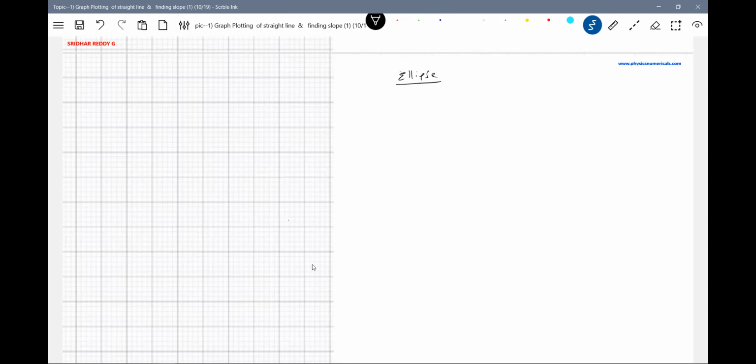Elliptical functions. So like you might have seen in the book, x square by a square plus y square by b square equal to 1. So what is the equation for this particular corresponding ellipse here? How to write this? So let me choose this as a graph.